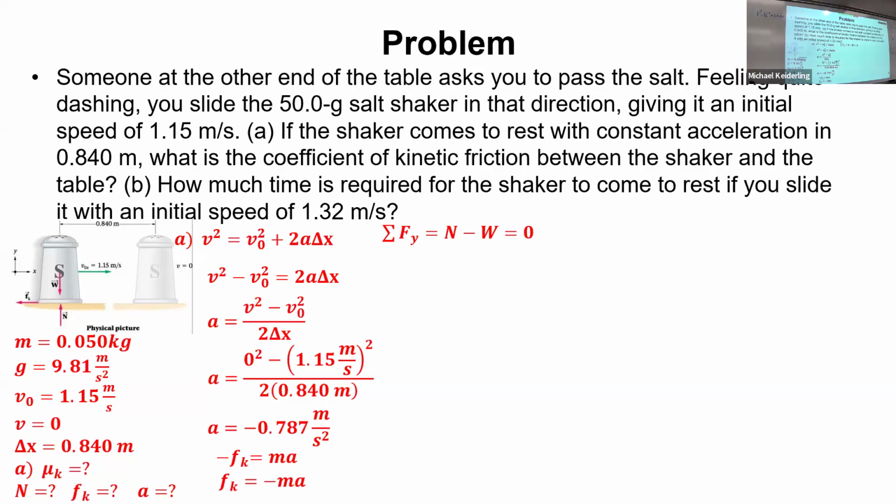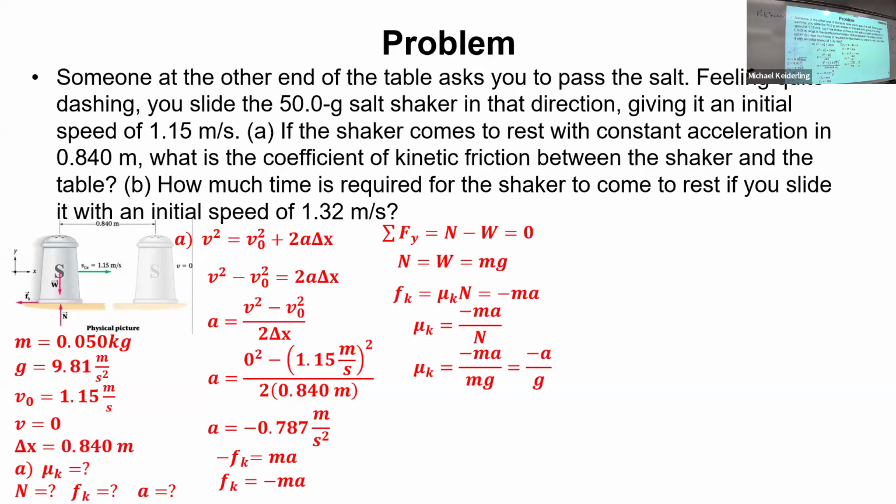We can also figure out the normal force. The forces in the y direction equal 0, so normal force minus weight equals 0. The normal force equals the weight, which equals mg. The kinetic force equals mu kinetic times the normal force, which equals minus mass times acceleration.